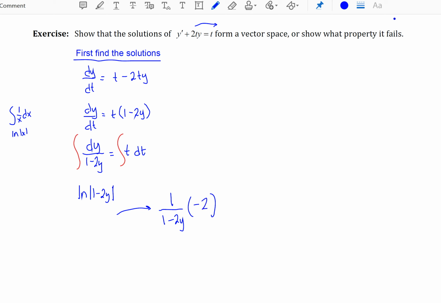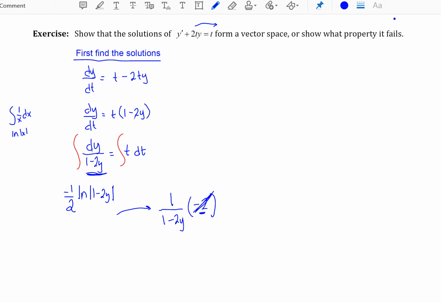When I'm comparing this to the original integrand that we had, I'm recognizing that that -2 shouldn't have been there. So it makes me think, what if I had a multiplication by -1/2 in front? Then it would have canceled that -2 and I would have had the correct antiderivative.